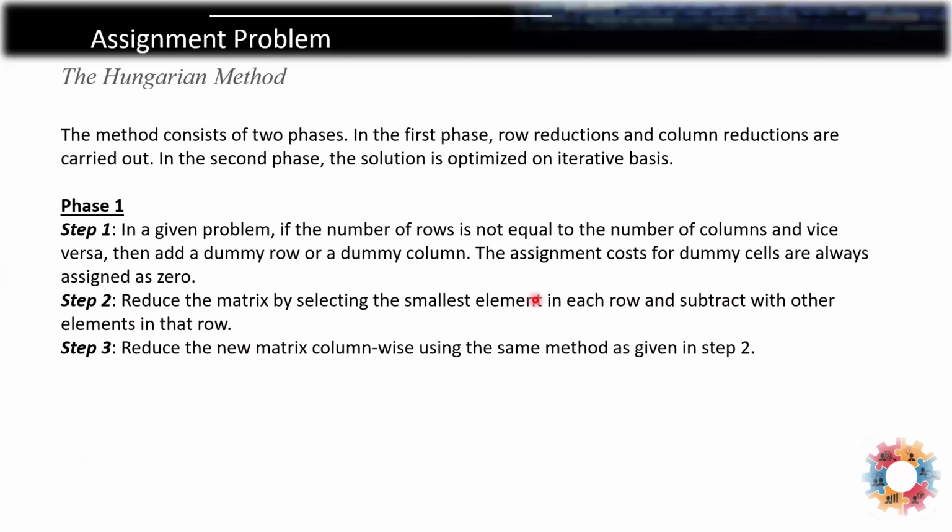And you reduce the new matrix column-wise using the same method. That means you choose the smallest element in each column and then subtract that smallest value from the remaining values in that column.